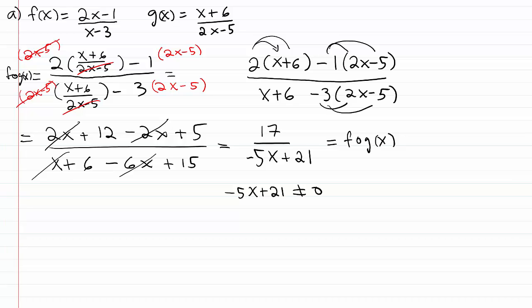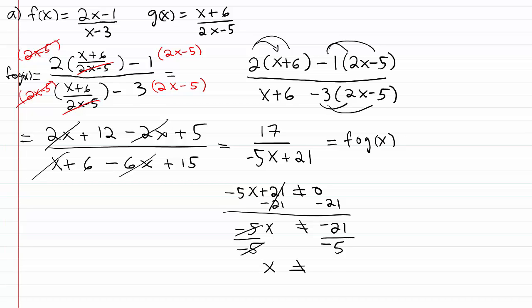So in order to do that, I need to subtract 21 from both sides, right? And I'll have negative 5x, therefore, is not equal to negative 21. If I divide both sides by that negative 5, I'll end up with x is not equal to 21 over 5, right? Remember, the negatives will cancel out because there's two of them.